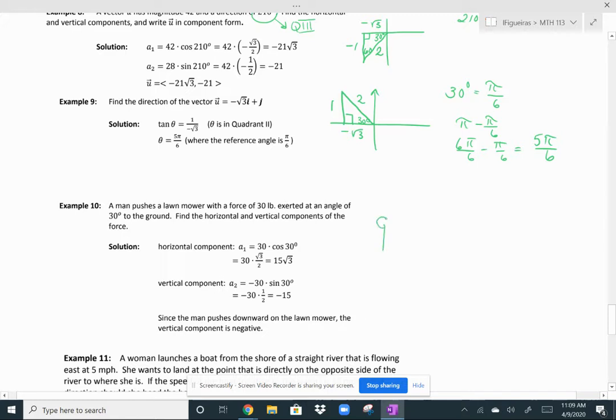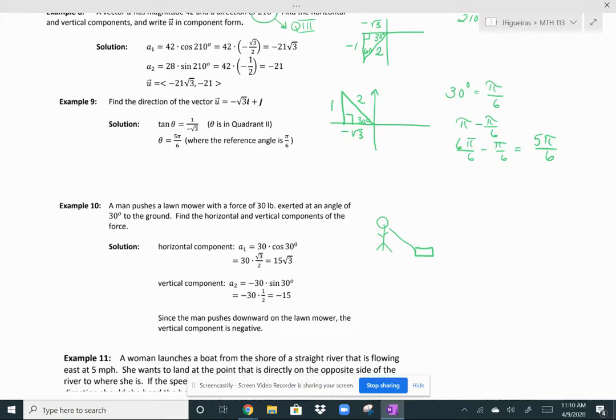All right, so the man that is pushing the lawnmower, so here's the lawnmower. In order for this lawnmower to move and cut the grass, presumably, the lawnmower must move forward as well as being pushed down. So there's two forces acting on this lawnmower to get it to move.